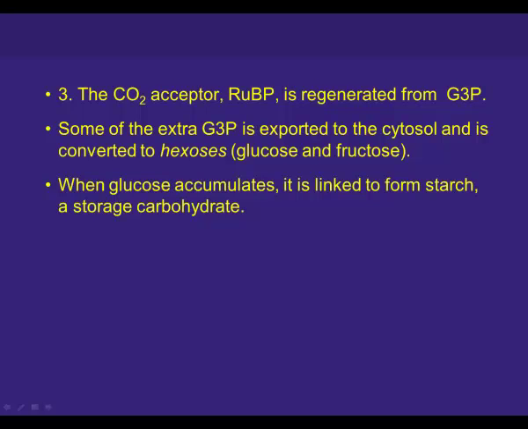Both the production of ATP and NADPH are analogous to the chemiosmotic process that we saw during cellular respiration. Finally, you should understand the relationship between the light reactions of photosynthesis and the Calvin cycle, and you should also have some idea of the overall steps that occur during the Calvin cycle.